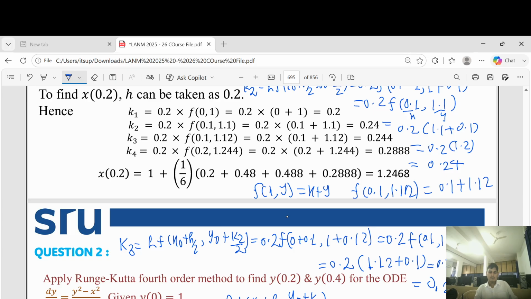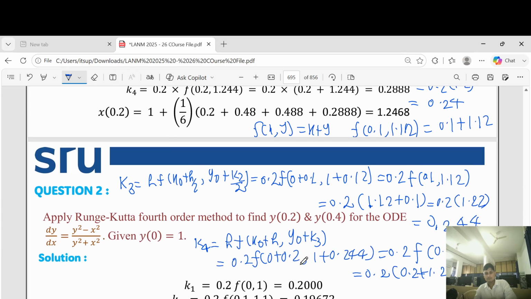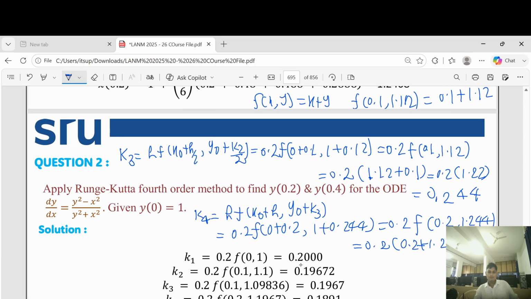So this is 0.2 times the sum of 0.2 and 1.244, which is 1.444. So this becomes 0.2888. So this is the value.